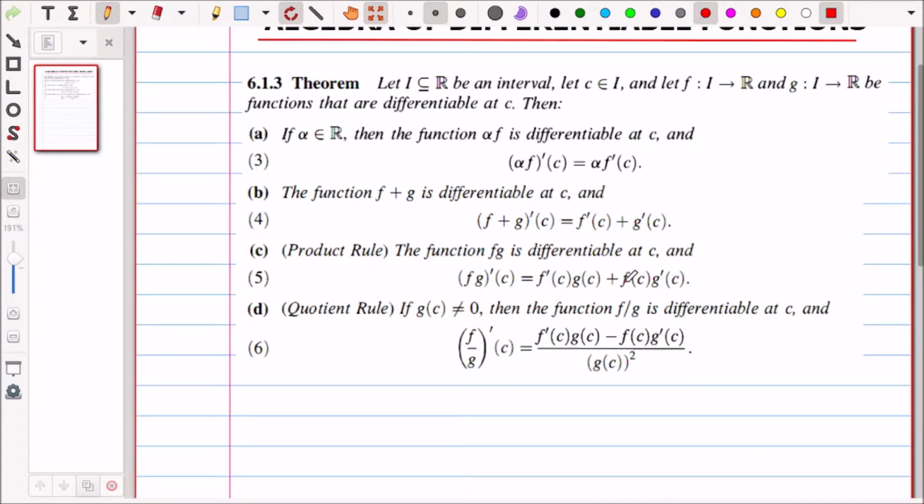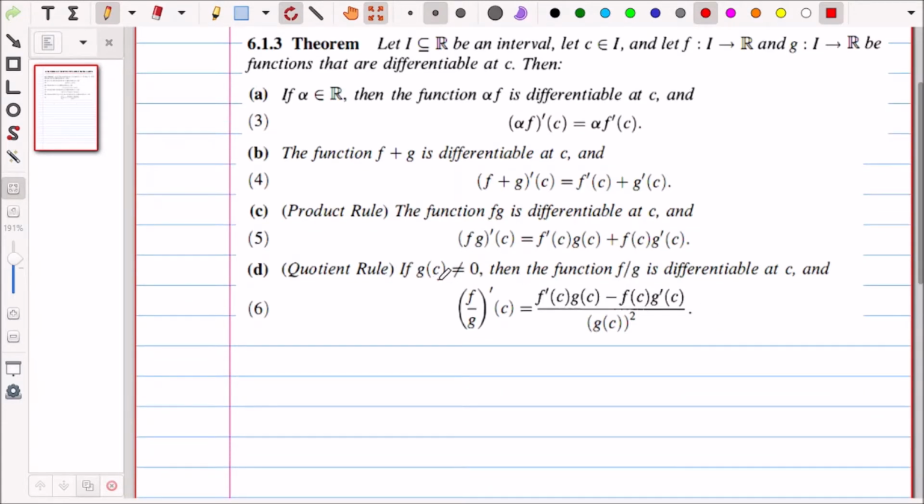Okay. And similarly we have the quotient rule. For the quotient rule, g(c) should be non-zero, then the function f by g is differentiable at c, and (f/g)'(c) is equal to the derivative of the numerator into the denominator minus the numerator into the derivative of the denominator, upon the square of the denominator.